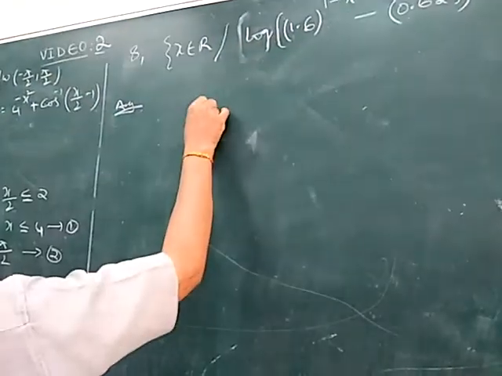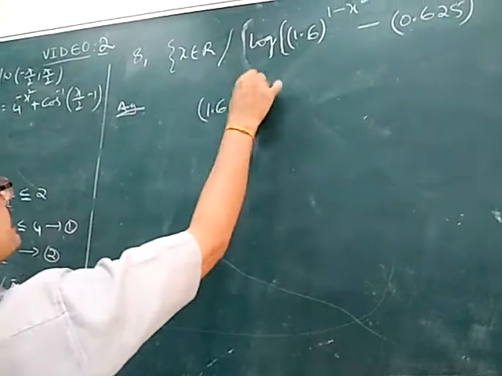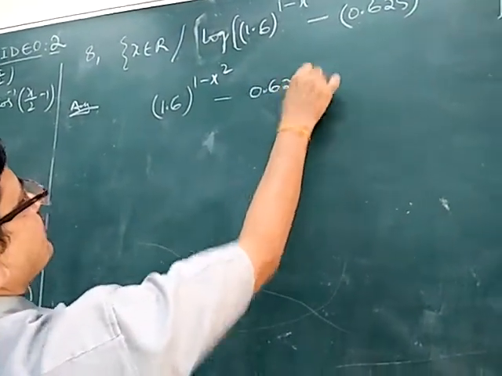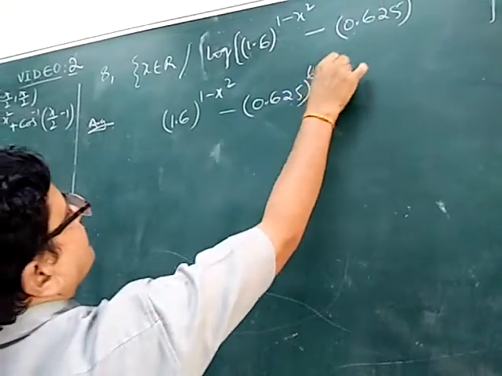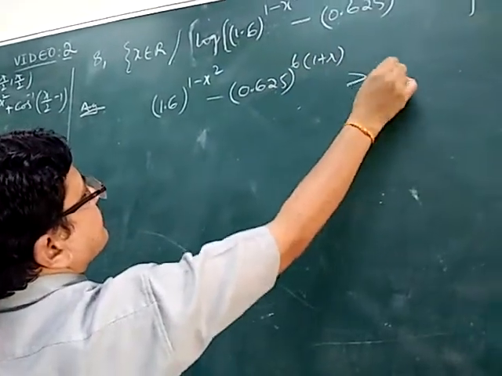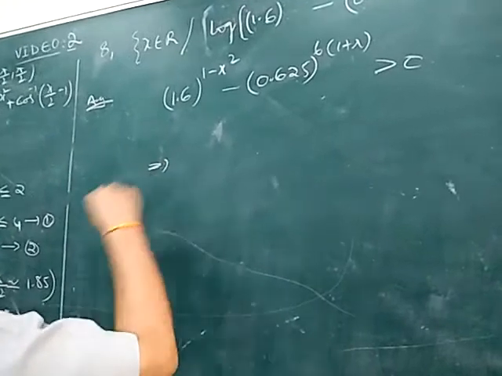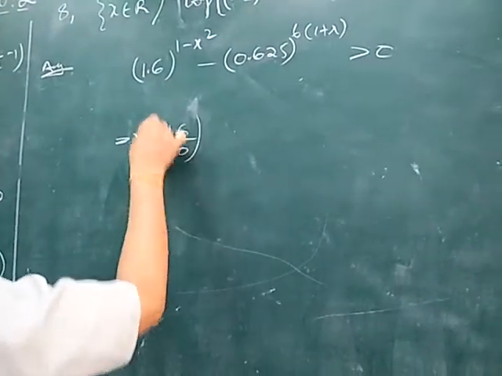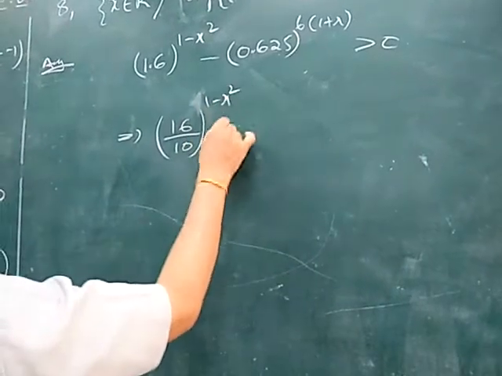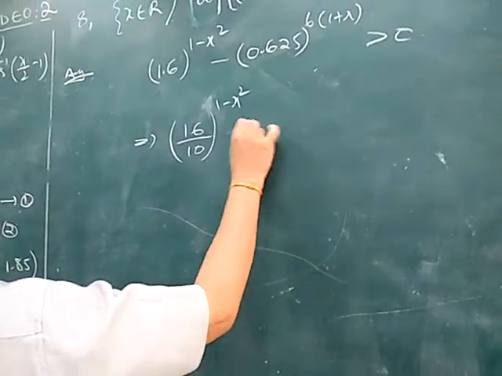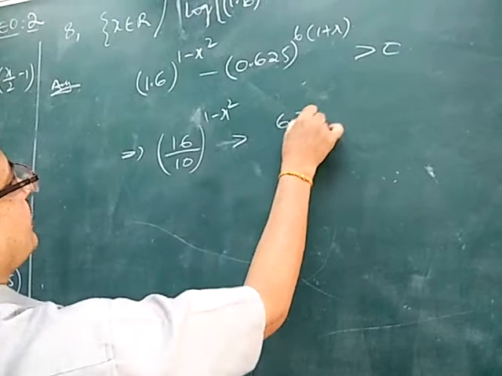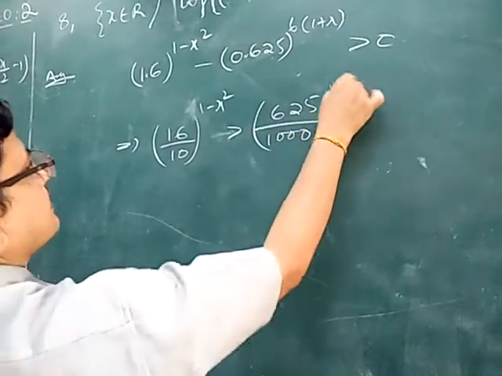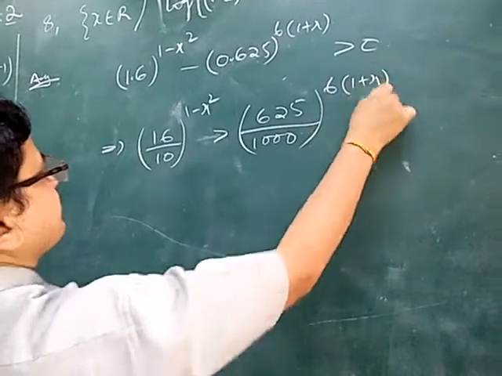So that's why (1.6) whole to the power of 1 minus x square minus (0.625) whole to the power 6 into 1 plus x is greater than 0. So that implies 1.6 means 16 by 10 whole to the power 1 minus x square is greater than 625 by 1000 whole to the power 6 into 1 plus x.